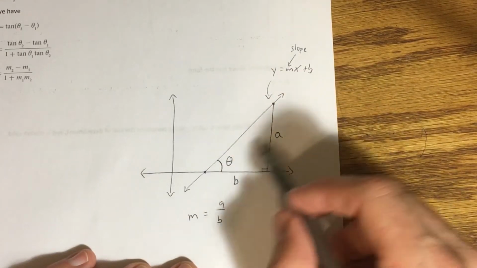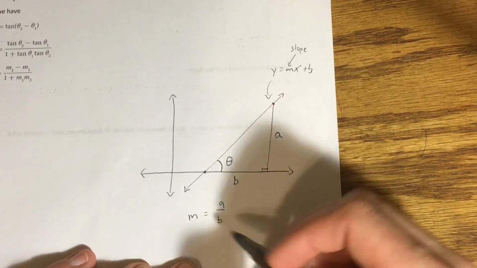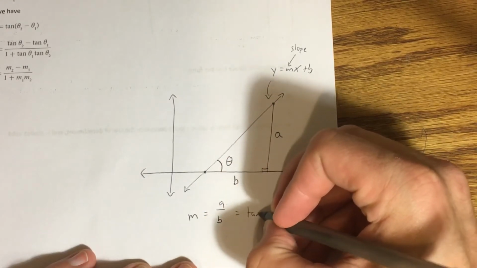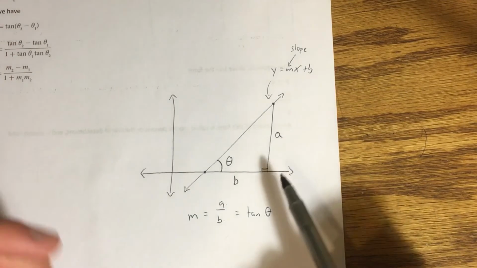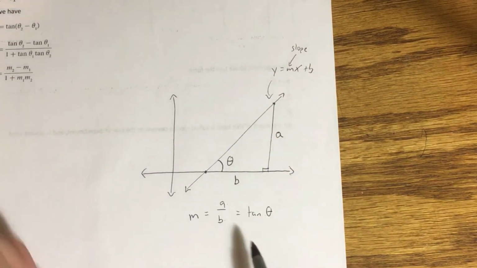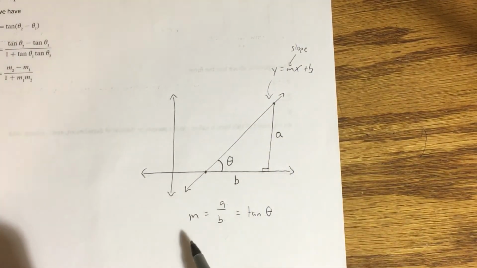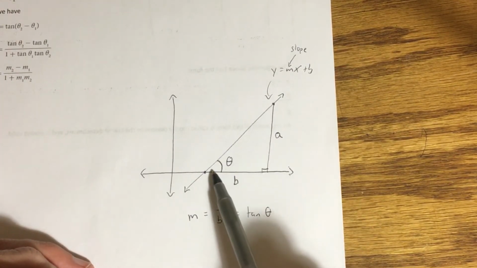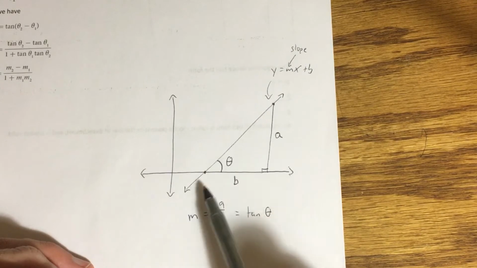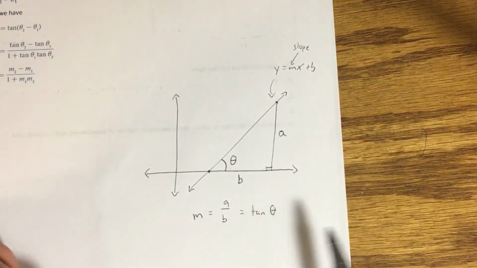Well, tangent of theta would be opposite over adjacent, which is also a over b. So what this tells us is that the tangent function in particular is directly related to the slope of a line. In particular, the tangent of the angle that a line makes with the x-axis will equal the slope of that line.